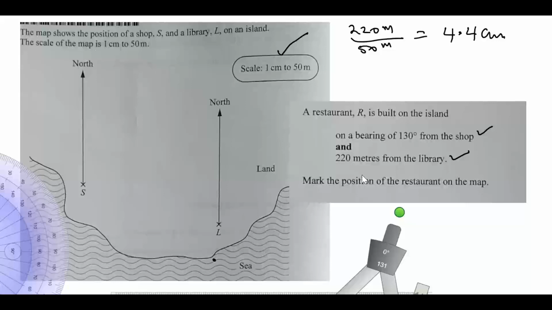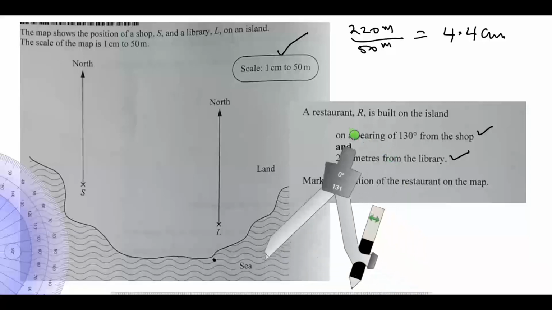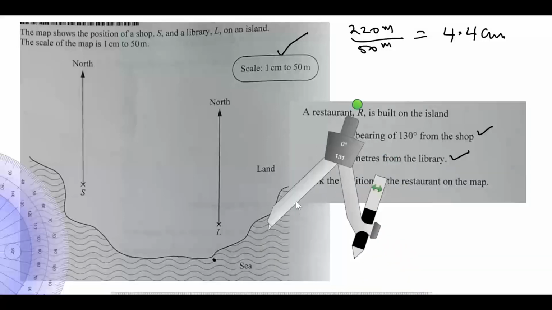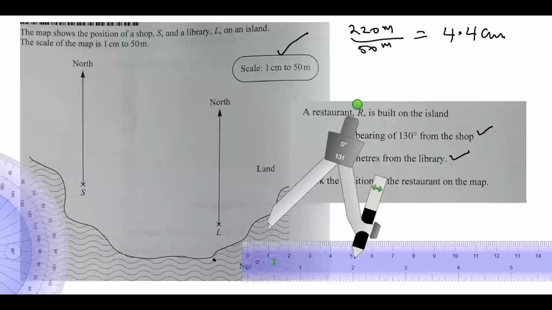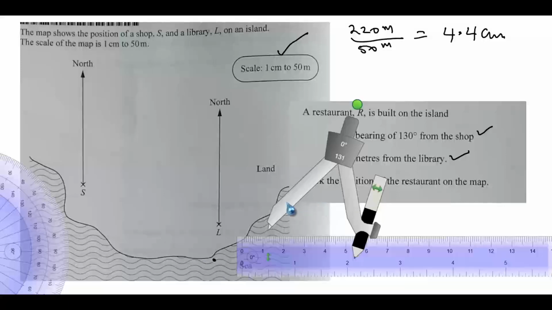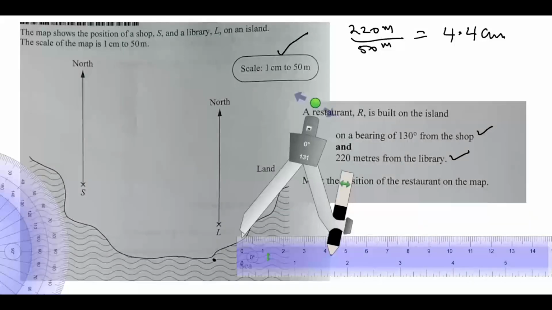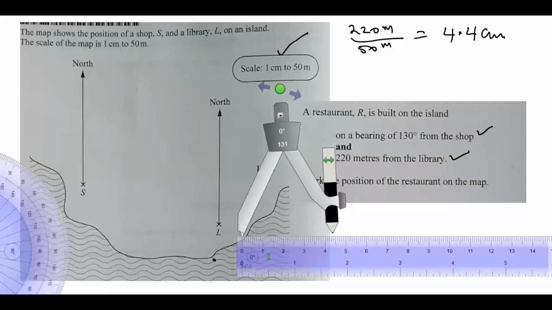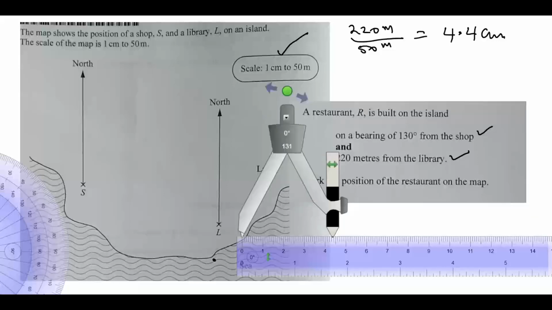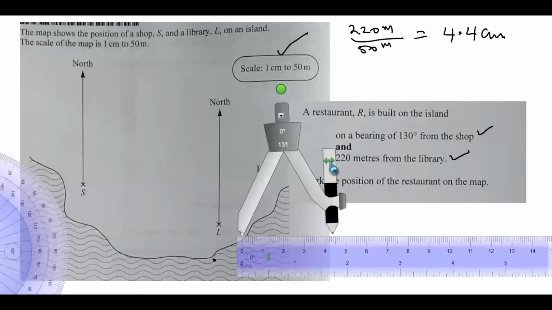So next we take a pair of compasses and measure 4.4 centimeters on a ruler. Put the center at L and locate the position of 4.4. So this is my ruler and this is a pair of compasses. So let me set it very well and measure out 4.4. If you do this, this is about 4.4 here.